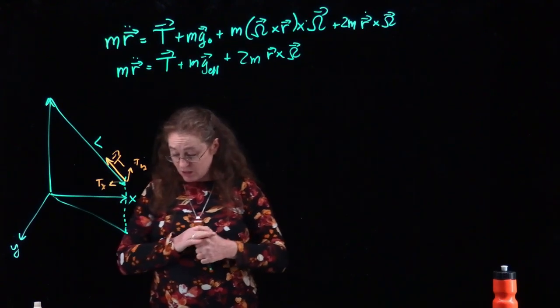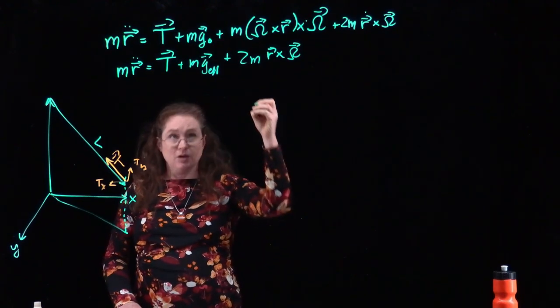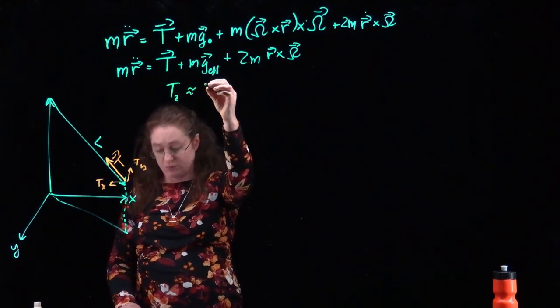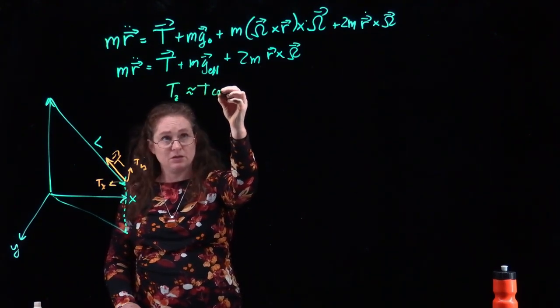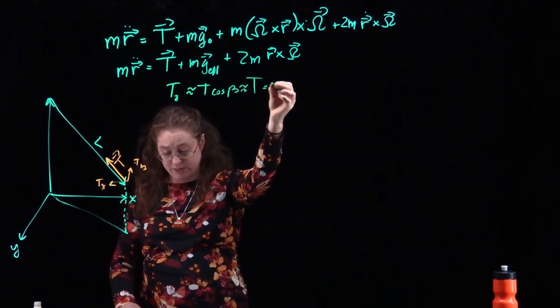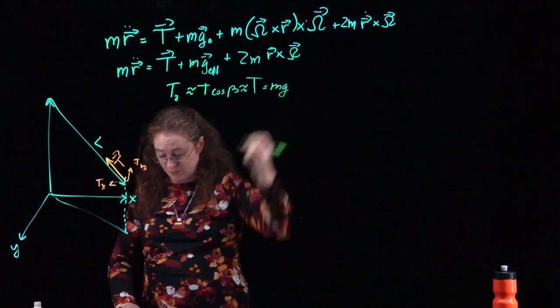For small angles, the z component of the tension, it is T cosine beta, which is approximately equal to the total tension, which is equal to mg.